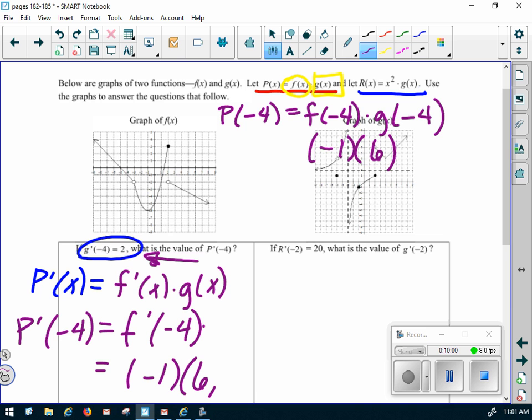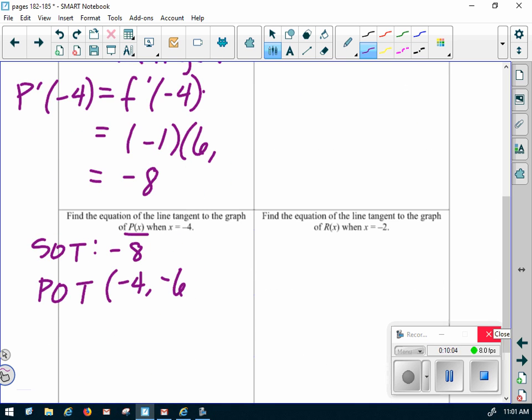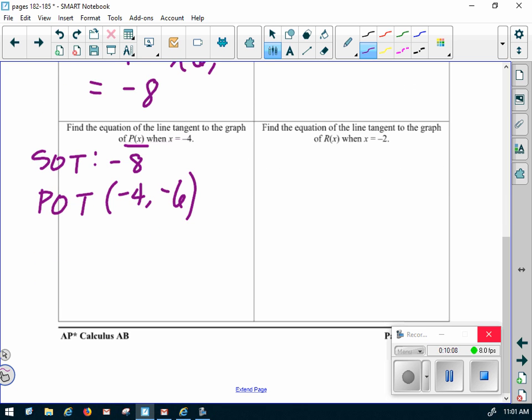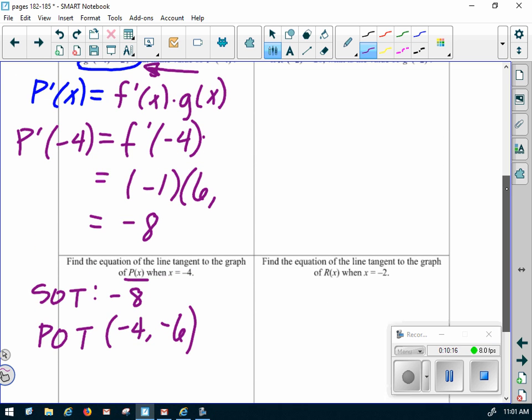Okay, so negative 6. I'm going to leave it to you to write the equation of that tangent line. You all can do that. Please tell me you're writing down y plus 6 equals negative 8 times x plus 4. Okay.